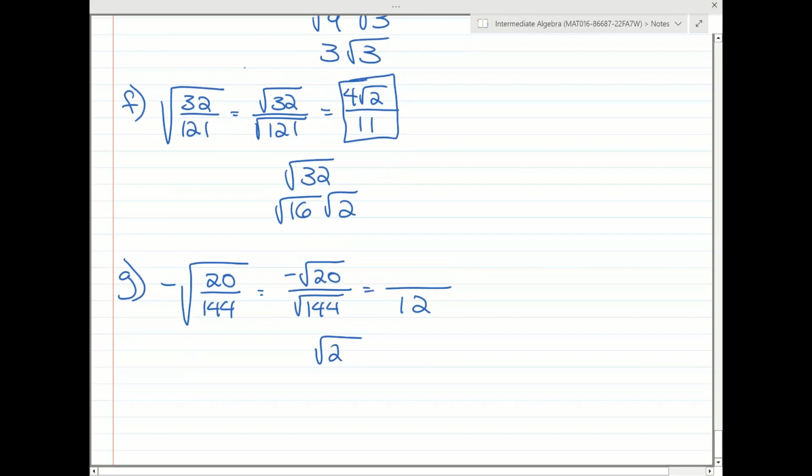And the square root of 20 is the same thing as the square root of 4 times the square root of 5. So if you could easily figure out what perfect root goes into it, it makes things a little faster. So 2 root 5 would be the answer. But we could simplify this even more by taking out a 2 from the top and bottom. We just get negative root 5 over 6.